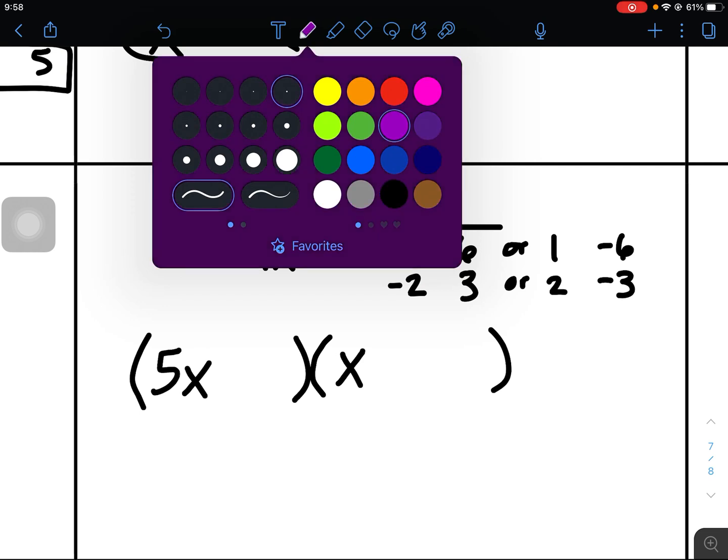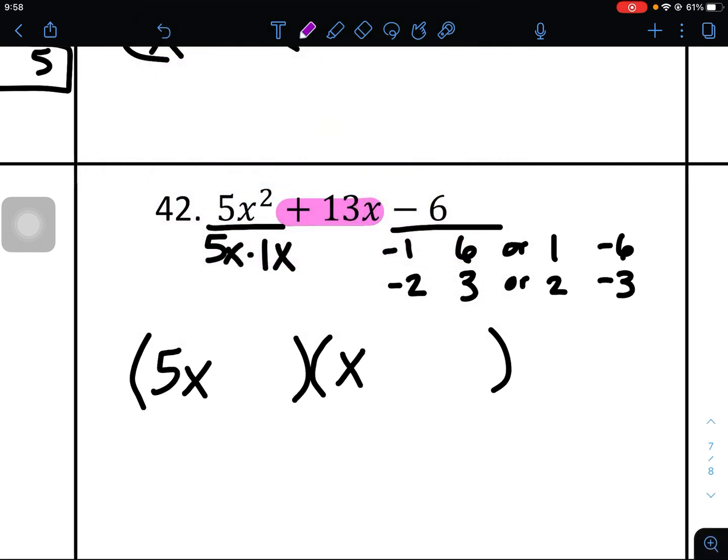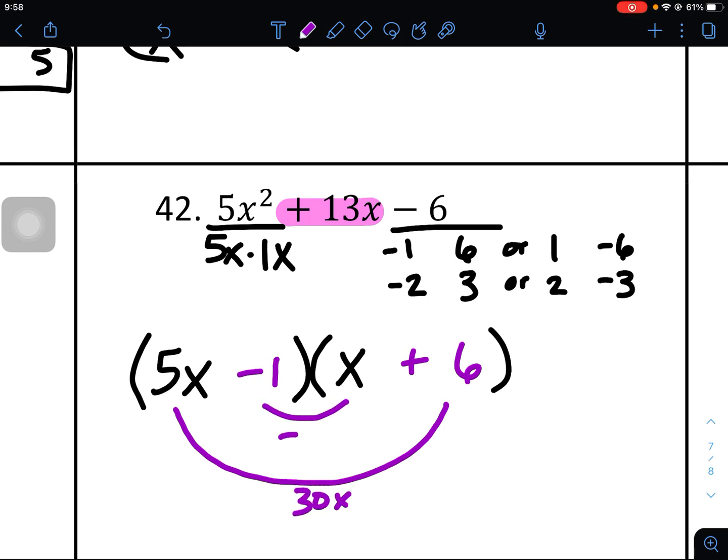So let's try it. Let's start with the first one that I wrote, negative 1 and positive 6, and see what happens. Well, 5x times 6 is 30x, and negative 1 times x is negative 1x, and if I add those two together, I get 29, so that doesn't work. Nope. And so I'm just going to erase those, and I'm going to start over.